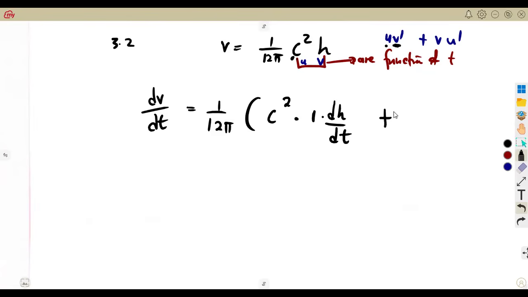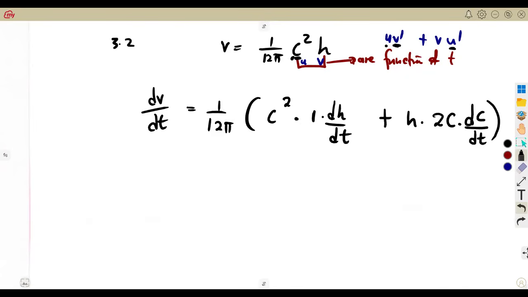You do the same thing, plus the v as it is. The v is your h times the derivative of u, which is c. You differentiate your c squared, which gives 2c, but we are given a function of t, so with respect to t we multiply these two by dc dt.